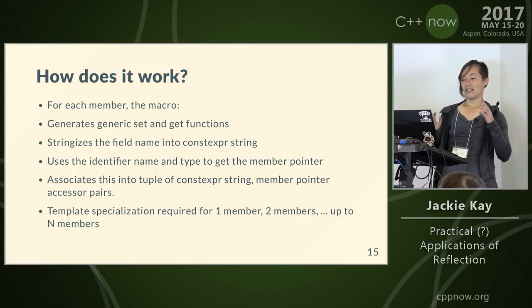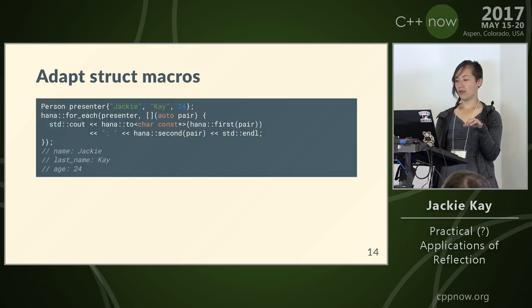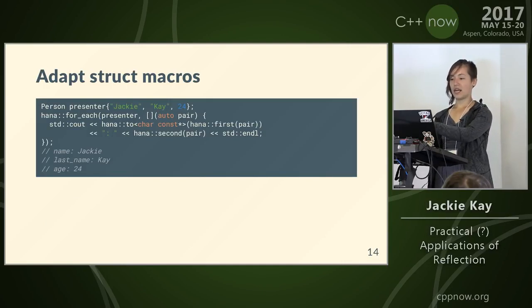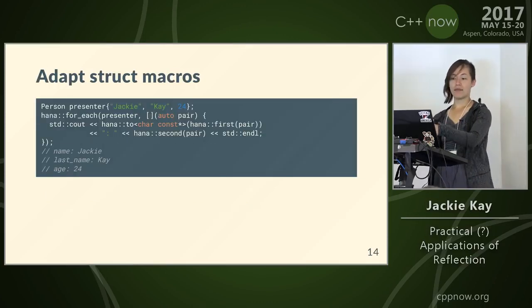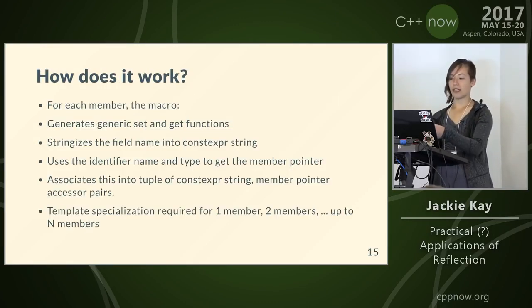You take a look at the macro. You look at the name of the member, and you can stringize that to be used. So that's how we can convert the name of the member into a const char* to print it. You can also use that identifier name to get the member pointer, and that's how we're going to set or get something from the struct.